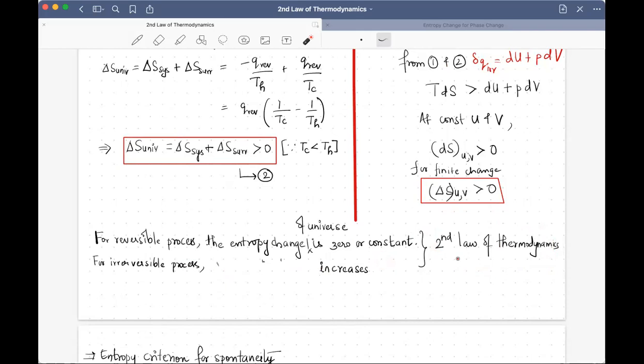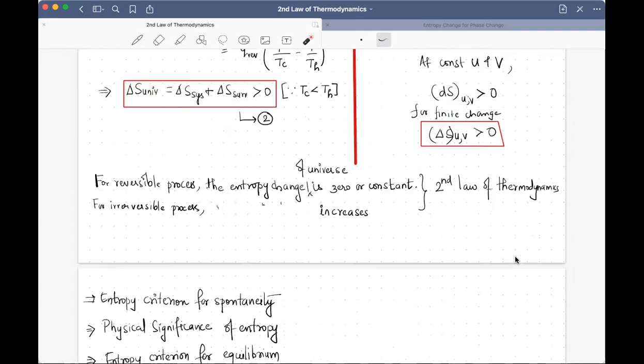There would be no entropy change, and it would be conserved. However, when you talk about an irreversible process, the entropy change of the universe will keep increasing. So that is the statement for the second law of thermodynamics.